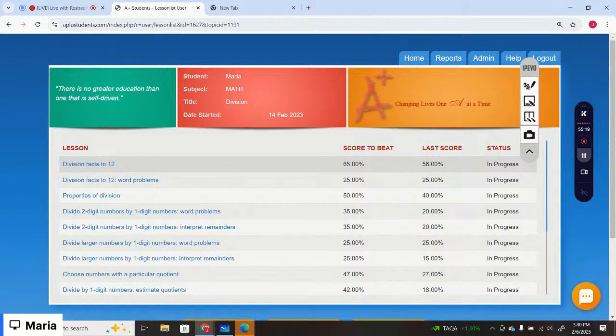The lessons we have covered today are division facts to 12, division facts to 12 and word problems, properties of division, divide two-digit number by one-digit number word problems. So please make sure before the next session you complete all the practice questions for the lessons we just did. That is your homework until the next session.